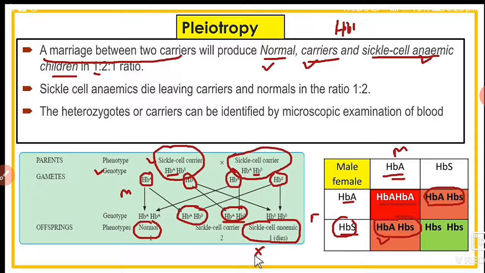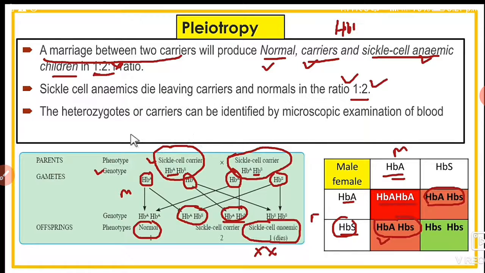Lethal gene means these are responsible for the death of the offspring. So in sickle cell anemia, the ratio is 1:2 instead of the 1:2:1 ratio of the normal condition, since the anemic offspring die and the living carriers remain.